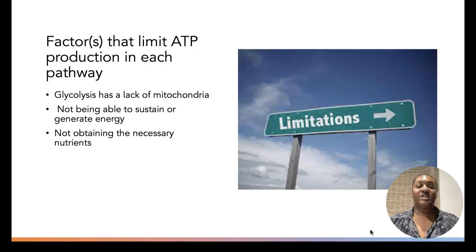Nutrients are very important, because without the necessary nutrients, you cannot get the energy that needs to be generated and sustained when performing these exercises. You cannot have energy without nutrients. If you don't have one or the other, you're not able to produce ATP in the way that it should be produced.